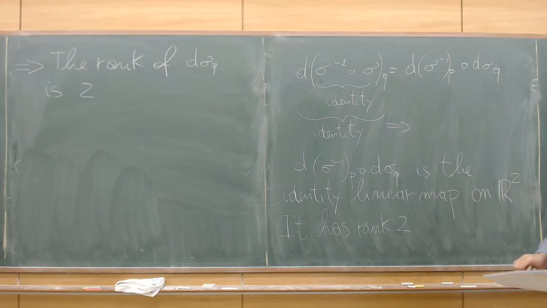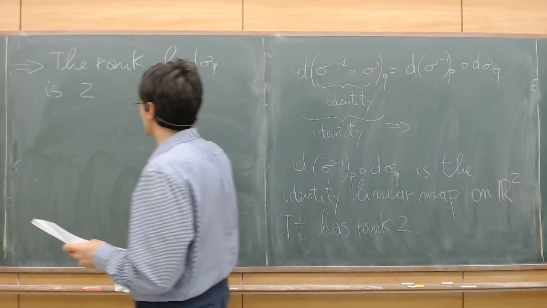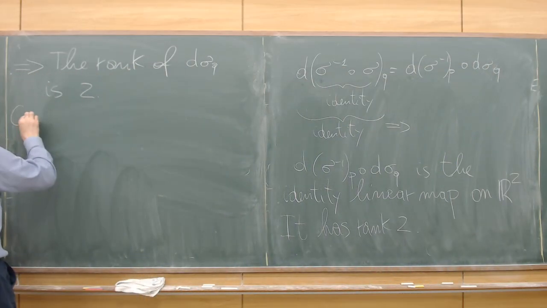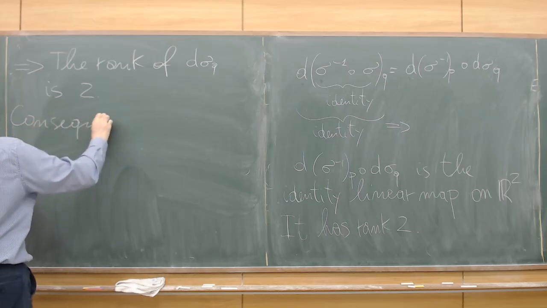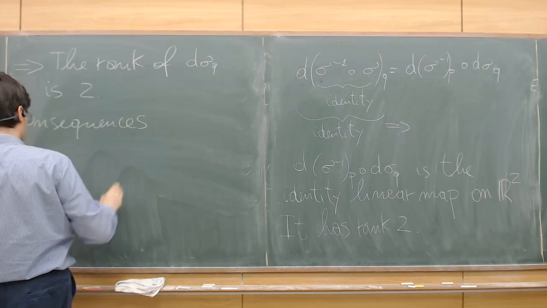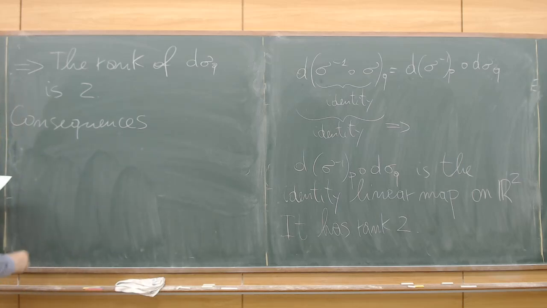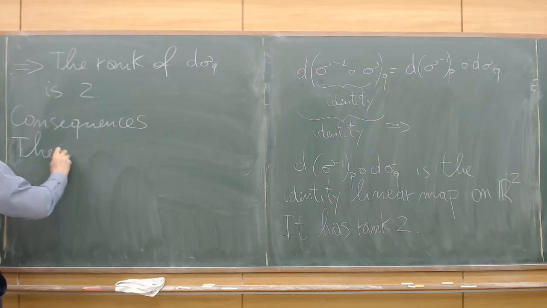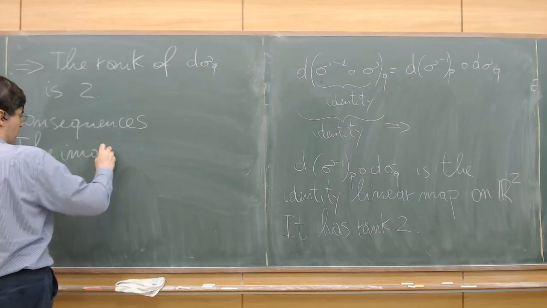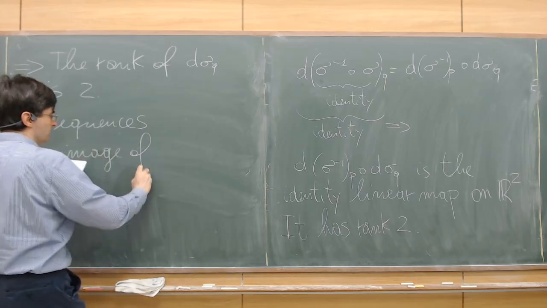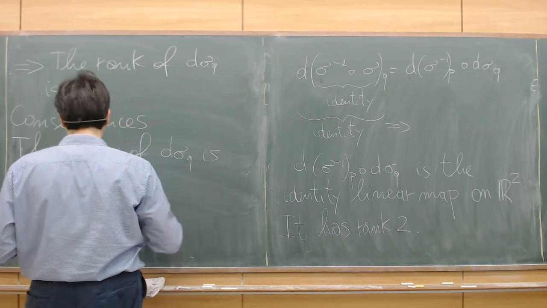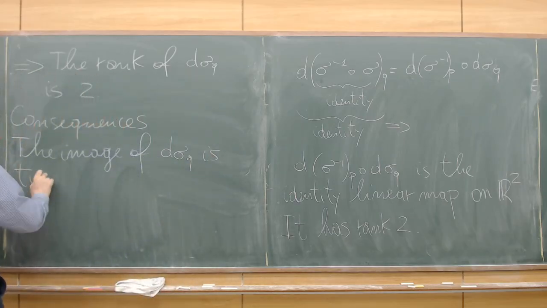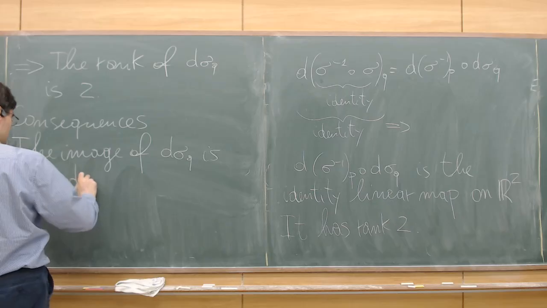Let's see now what are the consequences of this fact. The image of d sigma q is two-dimensional.